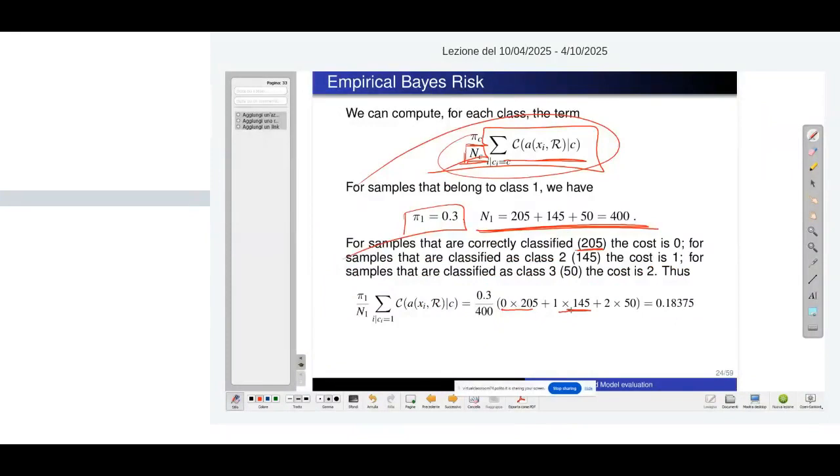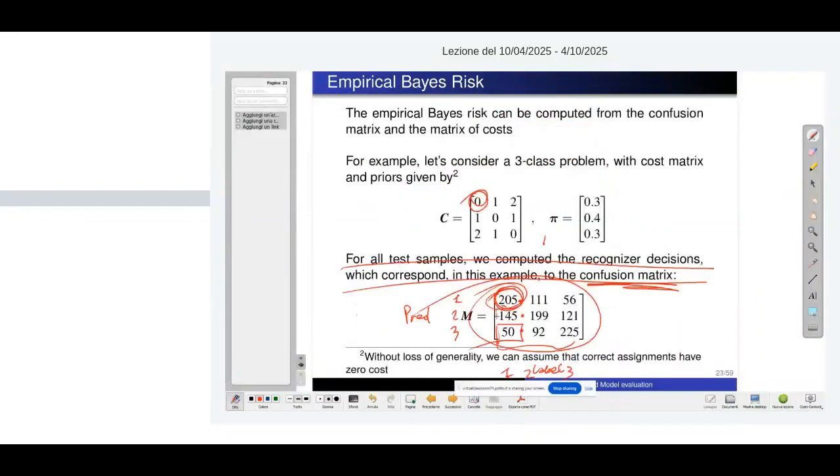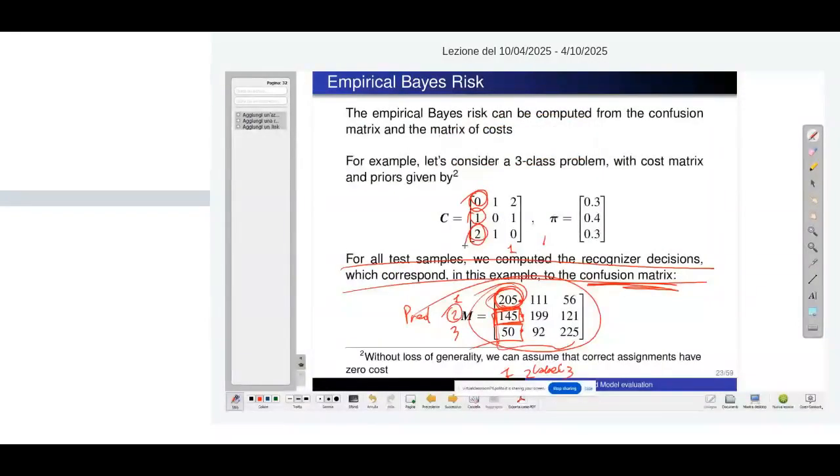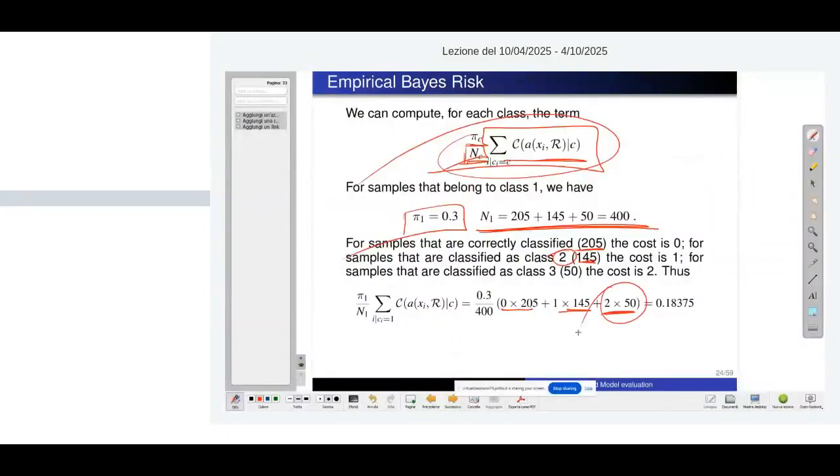Then I have 145 samples that are from class 1, but I predict them as class 2. So I will pay 1. Then I have 50 that are from class 1, and I predict as class 3. So I pay a cost of 2. These are the costs per sample.